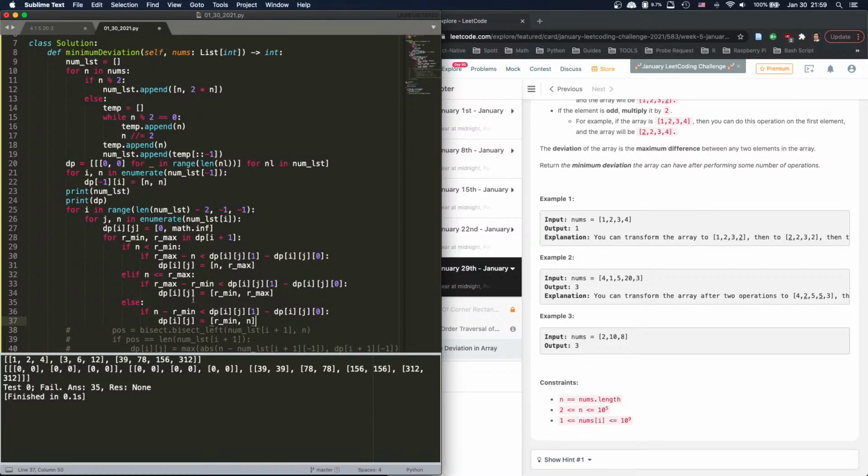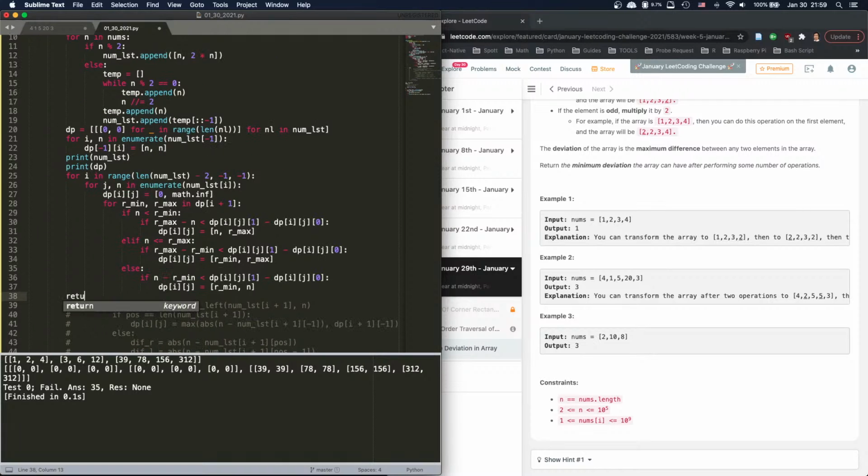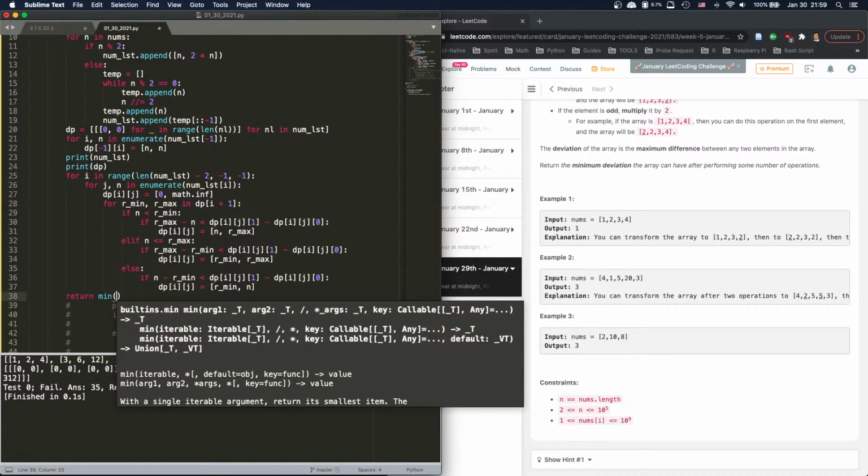If it's not going to be smaller, then we don't update. We go through everyone, and then after we go through every one, we have the range to start with. So we're going to return the min value, 4.